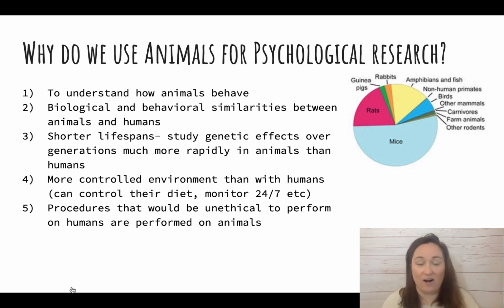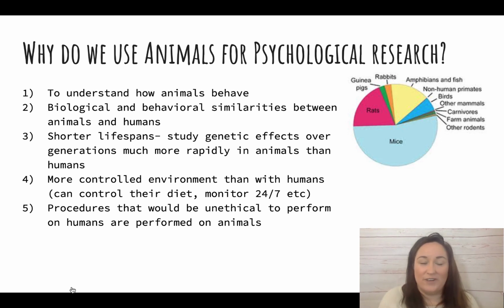Animals, especially mice and rats, who are most commonly used, have shorter lifespans, which means if we're trying to study the genetic effects of something over several generations, we can see that in mice and rats much faster than we could in humans.